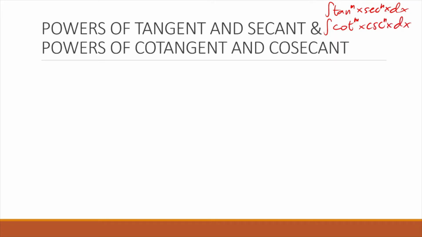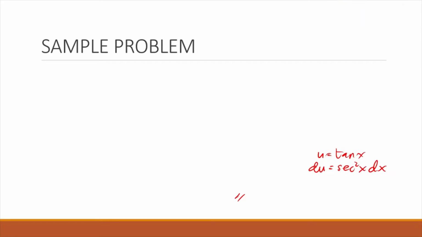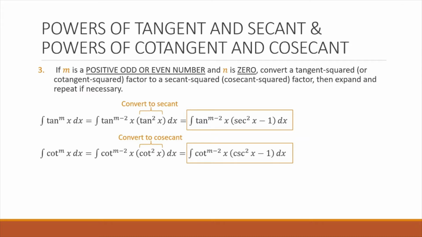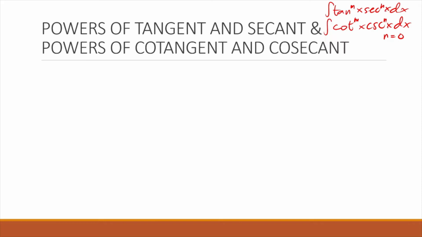So previously kasi, di ba, previous na case, what if n is 0, tapos m is positive odd or even number. Tama ba? And then power ng secant or cosecant is 0. That's the previous case. What if the other way around naman?